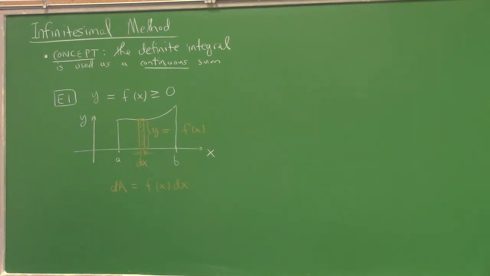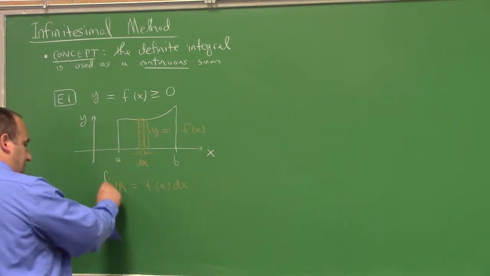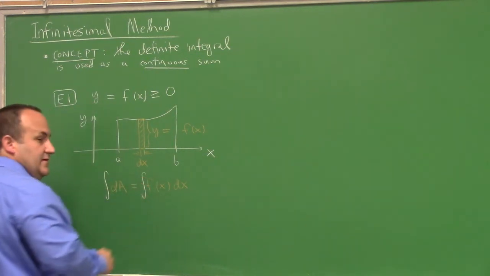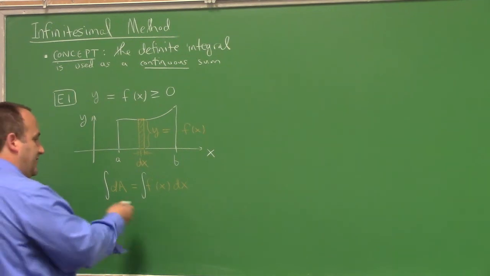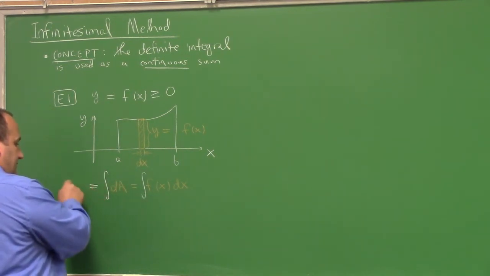And then the concept is, to find the total area, we just integrate. So we integrate both sides, and this integral is equal to that integral. This is going to give us the total area.